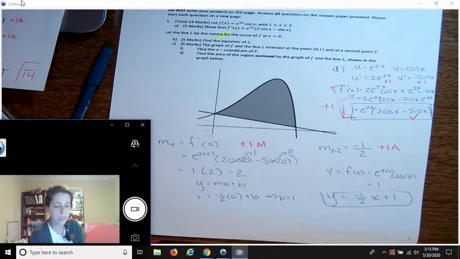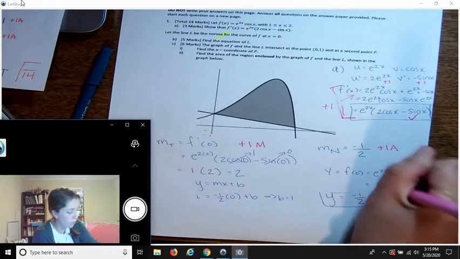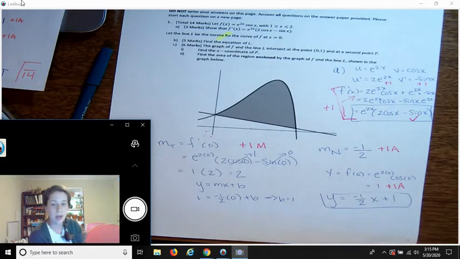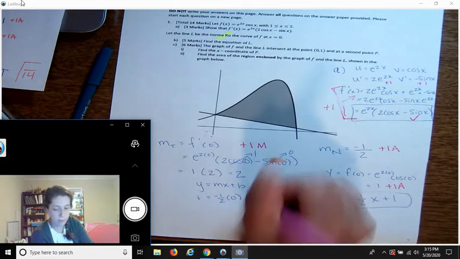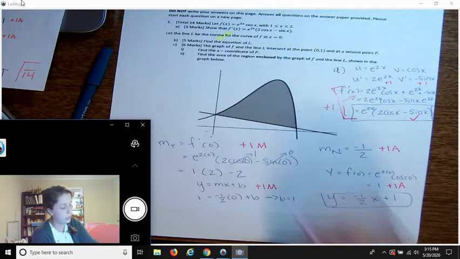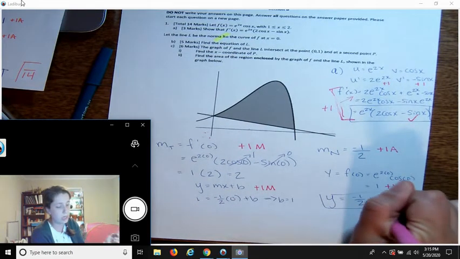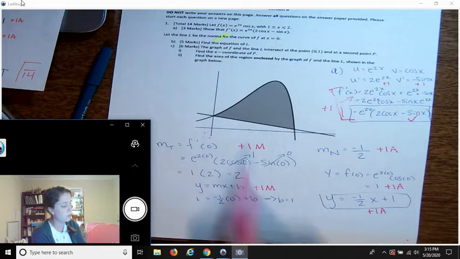Then let's see, 1 for finding your y correctly, then plus 1 for solving for b, and then plus 1 for your final answer. And that gives me 1, 2, 3, 4, 5 total marks right there for part B.